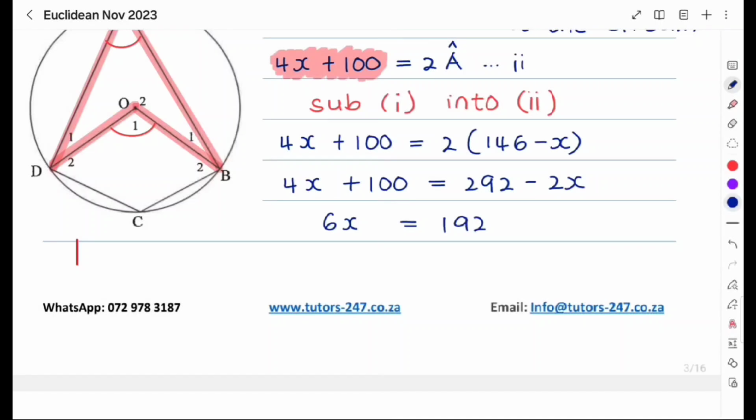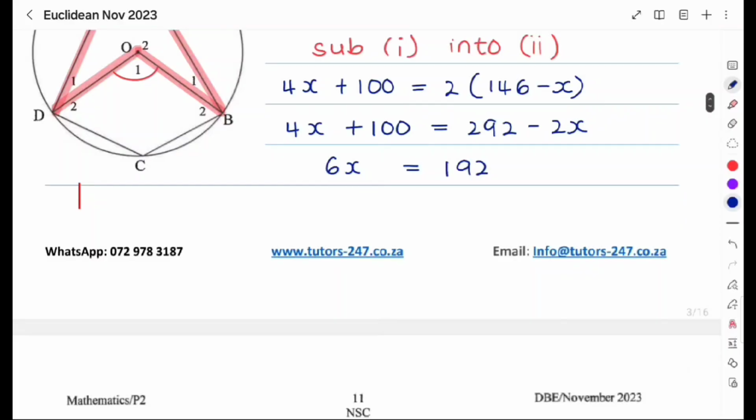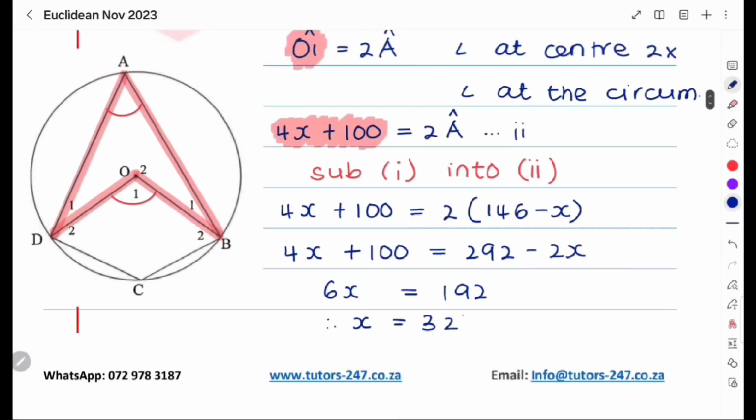Please take note that when you move negative 2x to the left, it becomes positive 2x. So 4x plus 2x is 6x. When you move 100 to the right, it becomes negative 100. So 292 minus 100 is 192. We can divide both sides by 6, and we therefore have x as equal to 32 degrees.